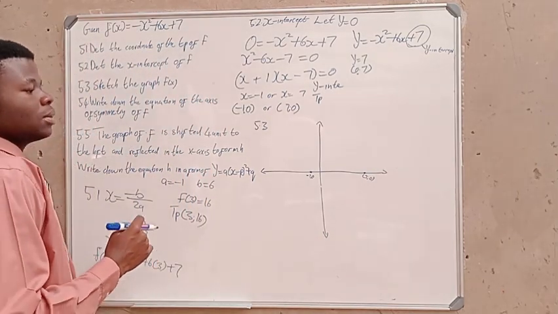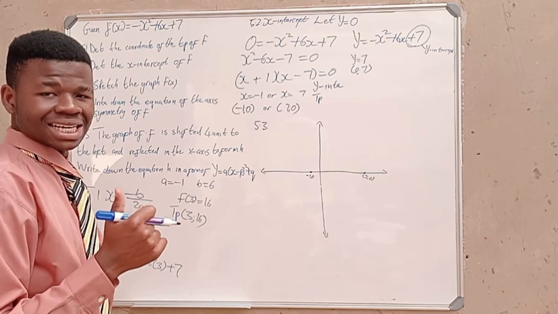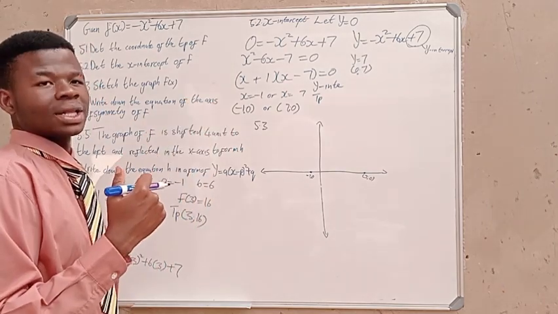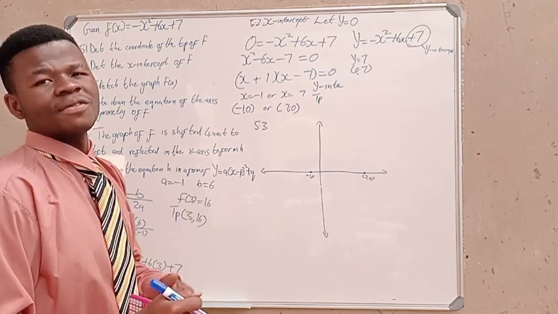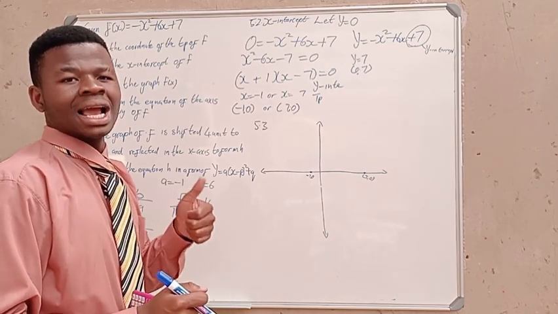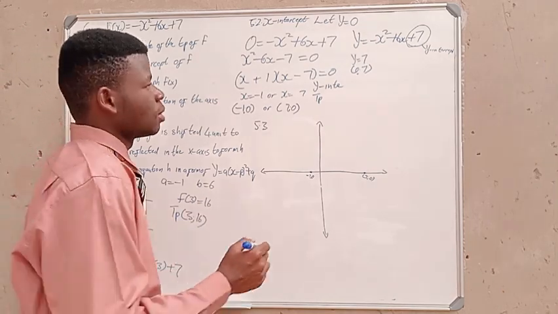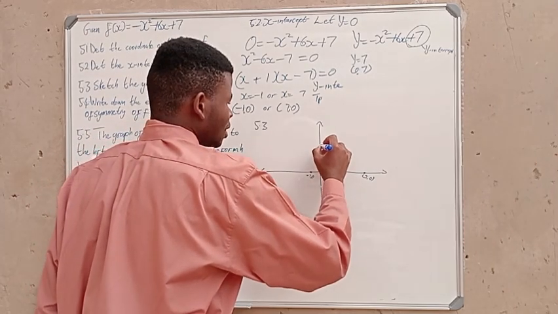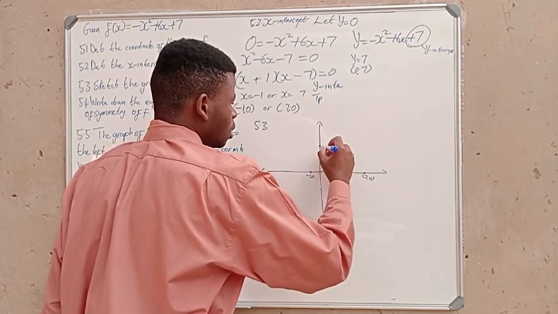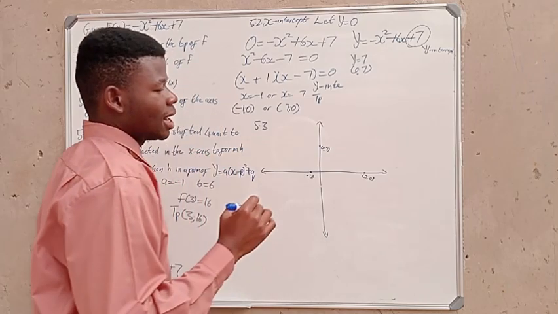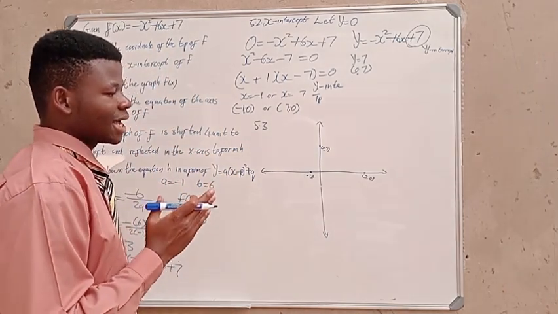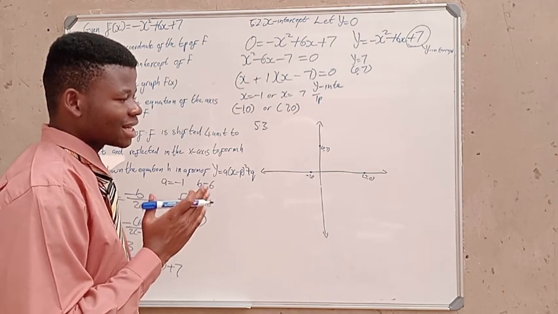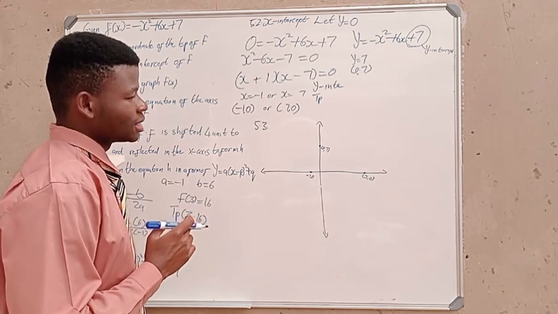After substituting your x-intercepts, you substitute your y-intercept. When you're looking for your y-intercept, you let x equal to 0. So we are going to substitute 0 and 7. Intercept, guys, is where the graph cuts the axis.